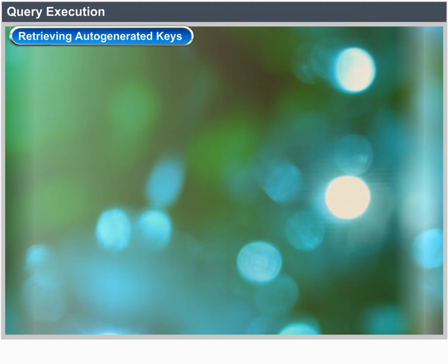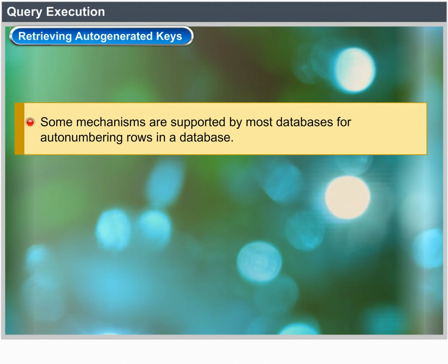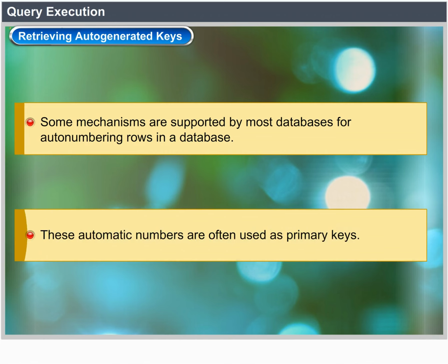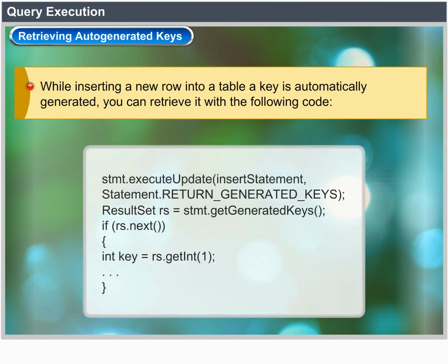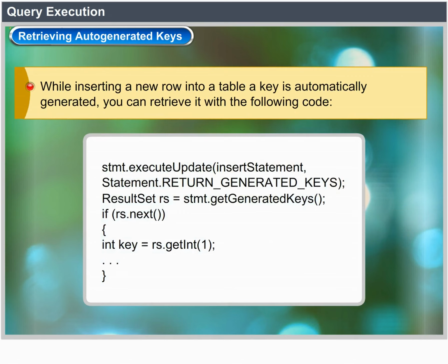Retrieving auto-generated keys. Some mechanisms are supported by most databases for auto-numbering rows in a database. These automatic numbers are often used as primary keys. While inserting a new row into a table, a key is automatically generated.